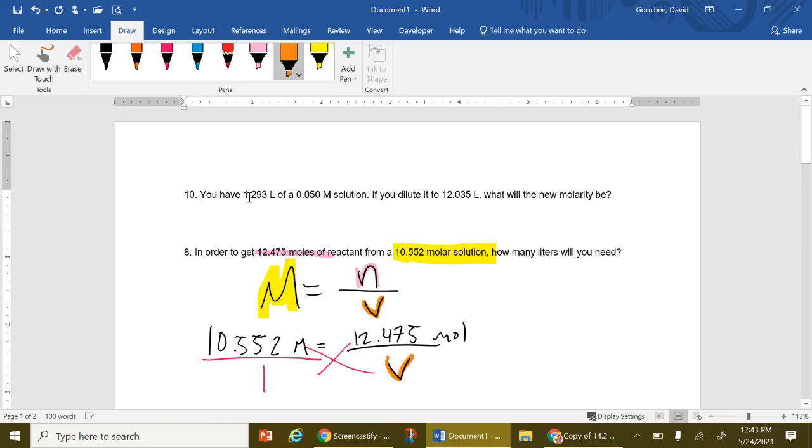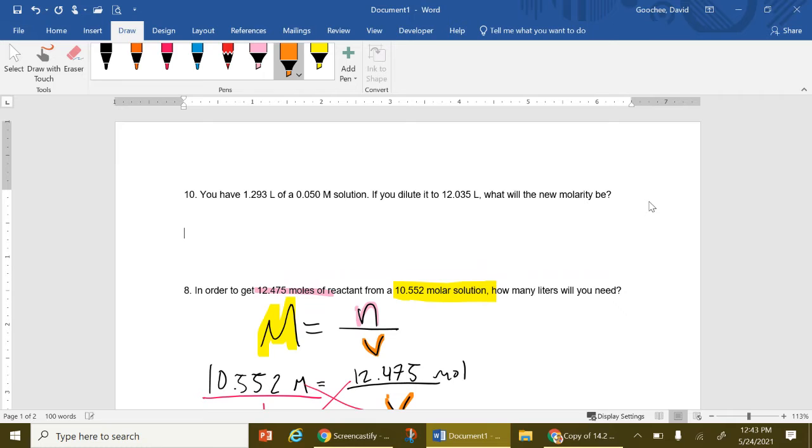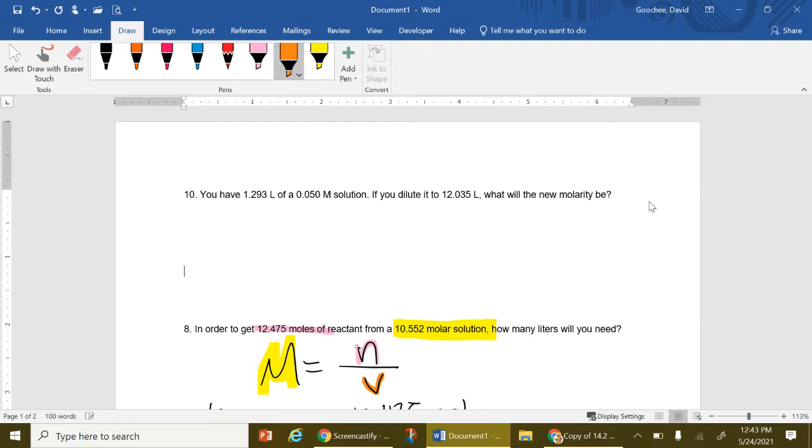So you have 1.293 liters of a 0.05 molar solution. If you dilute it to 12.035 liters, what will the new molarity be? Now watch how easy this is, guys. We didn't do much work in class on it, but watch this. The starting molarity times the starting volume is going to equal the final molarity times the final volume, right?